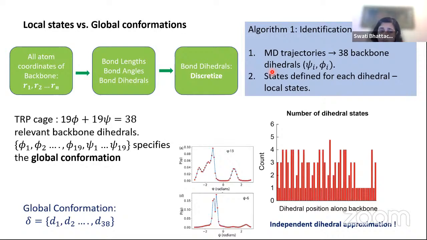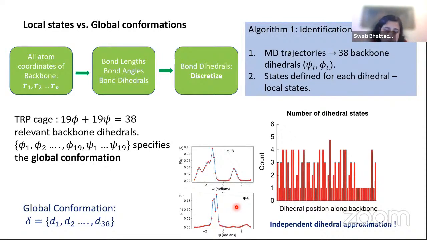In our framework, we define local states for every single backbone dihedral separately. There are 38 of them in this particular example, and for that we use our MD simulations. As an example, I'm showing you here the histograms for two of them. One of them is a phi type dihedral, phi 13. The other is psi 6, which is the 6th psi dihedral.